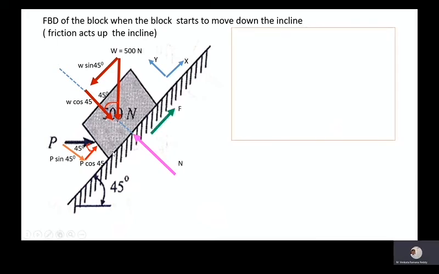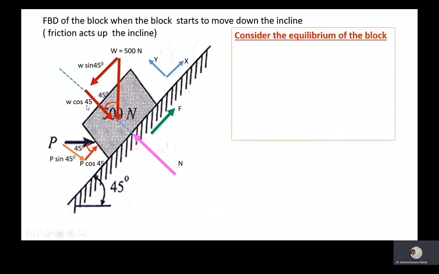Now we'll consider the equilibrium of this block. Here P is the applied force which prevents the motion of the block down. Summation of F of y is equal to 0, that is forces normal to the incline is equal to 0.